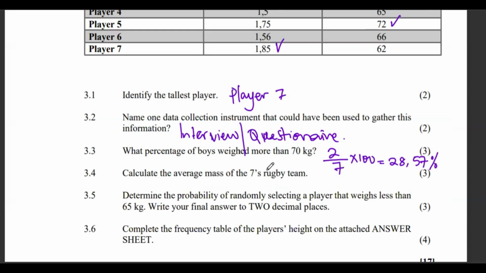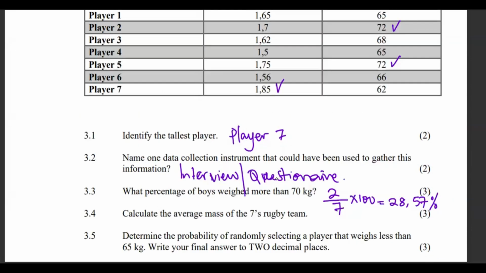Here we go. Calculate the average mass of the 7. So now, average. In other words, we're looking for the mean. We are looking at mass. So we shall take the first mass, 65, plus 72, plus 68, plus 65, plus 72, plus 66, and plus 62.